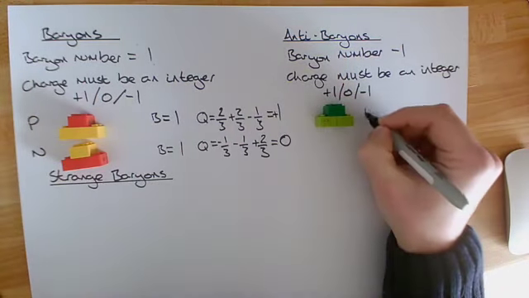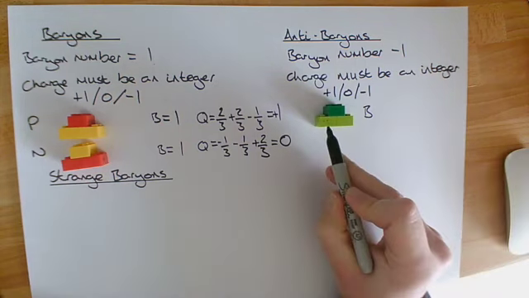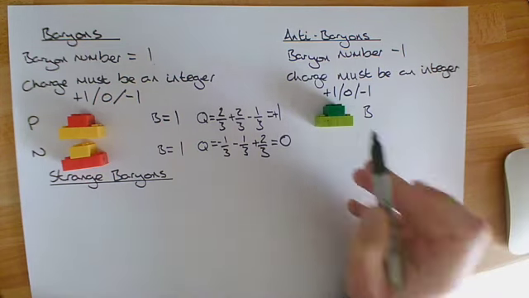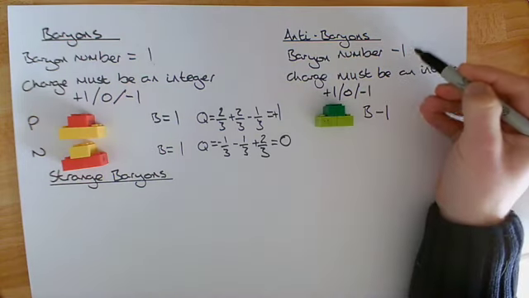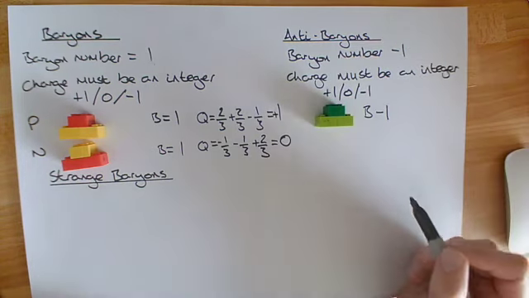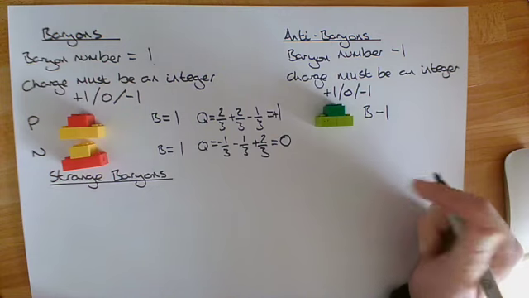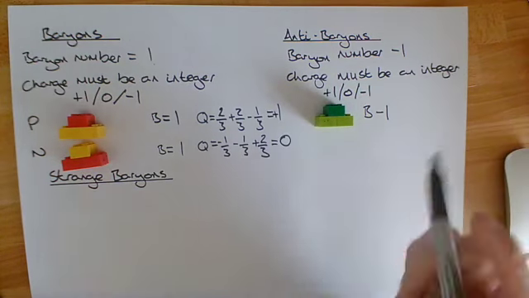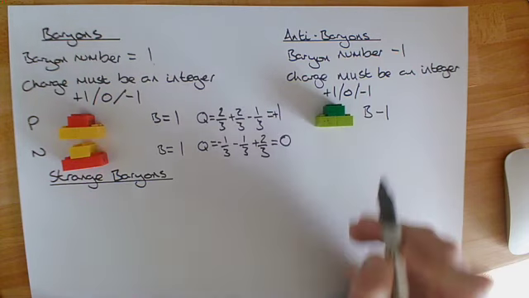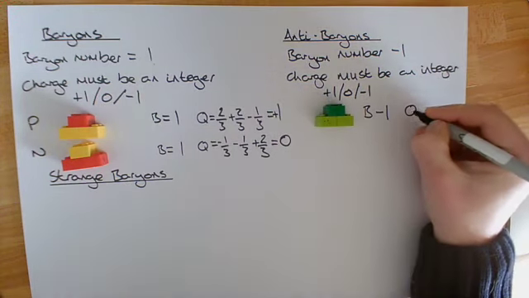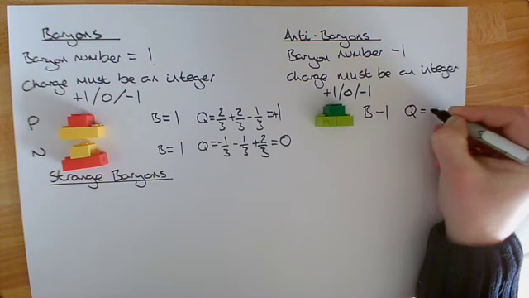So in this case, my baryon number would be minus 1/3, minus 1/3, minus 1/3, which gives me a baryon number of -1, satisfying that criteria there for an antibaryon, which has a baryon number of -1. The charge, on the other hand, would be minus 2/3, minus 2/3, minus 1/3. So that would give me a charge of -1.